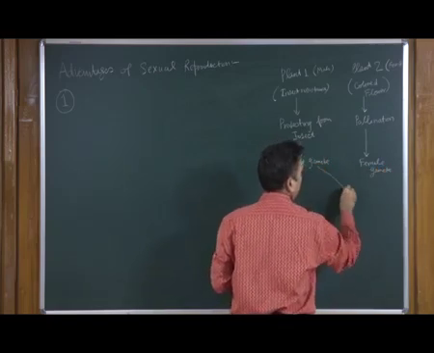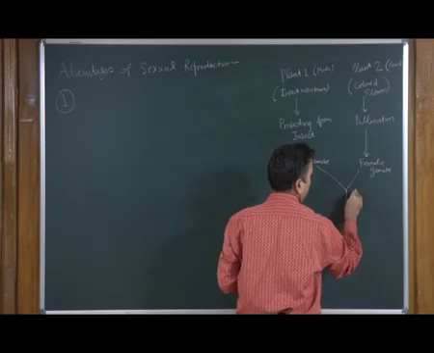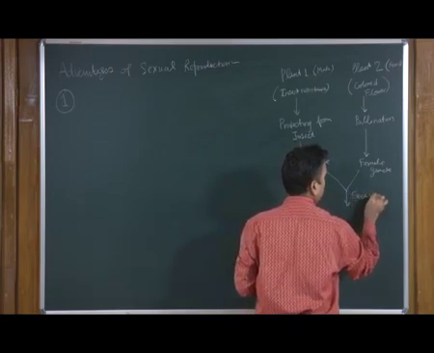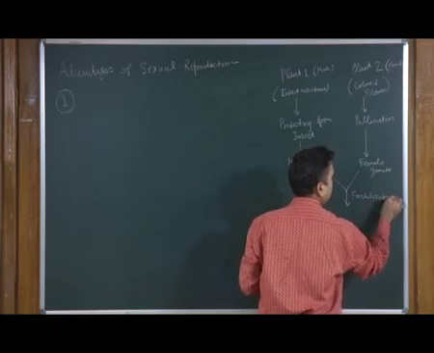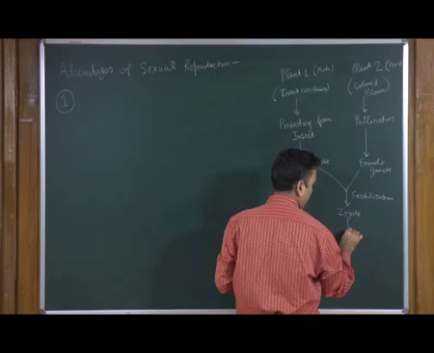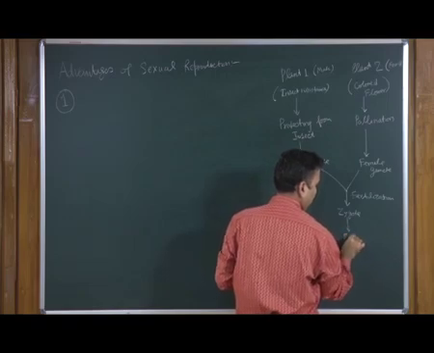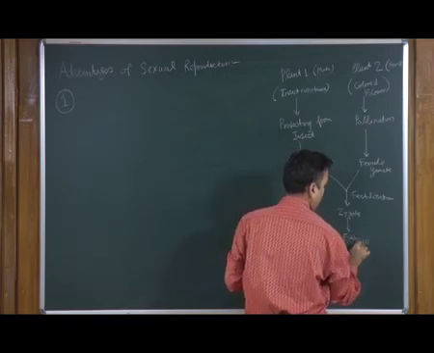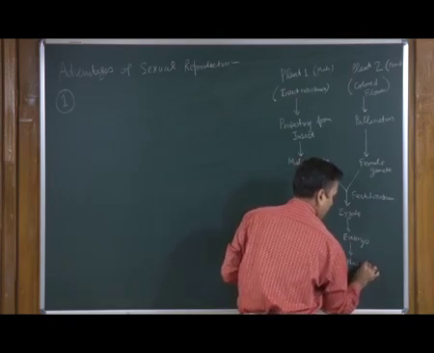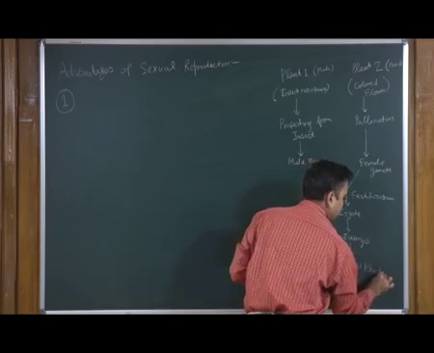Then eventually they will go for fertilization, and they will form a zygote followed by an embryo followed by a new plant.